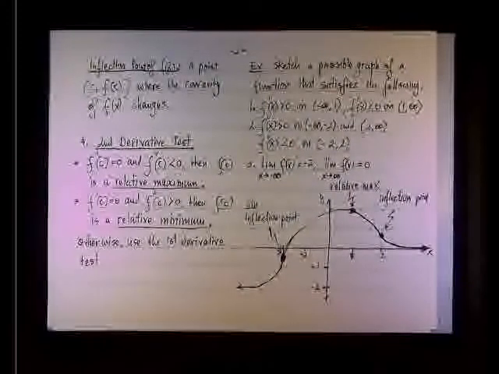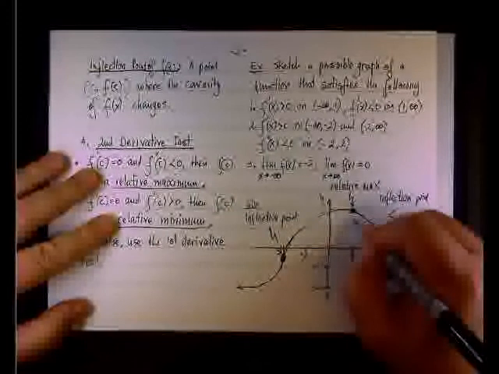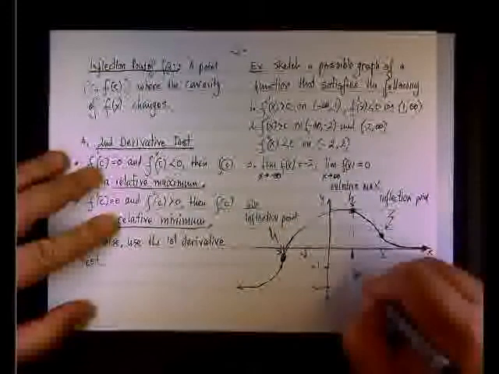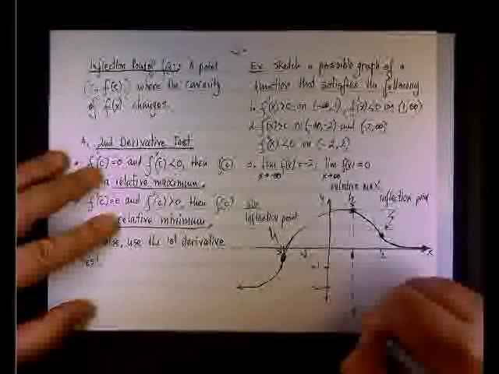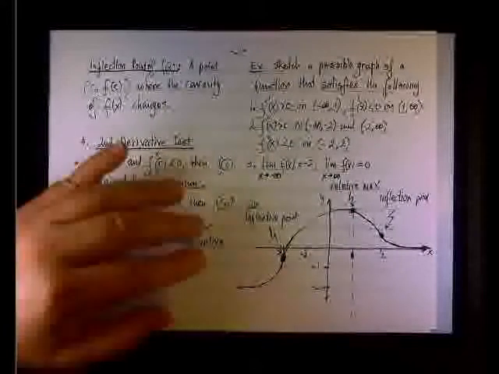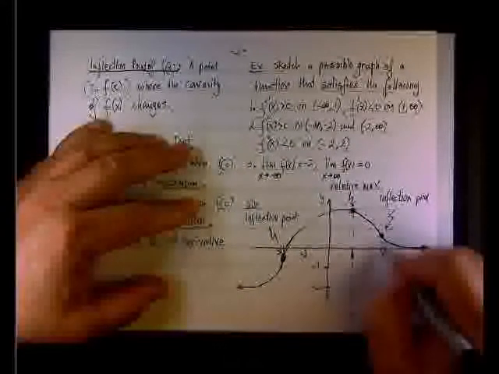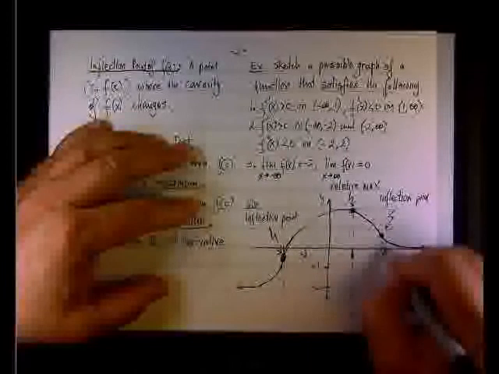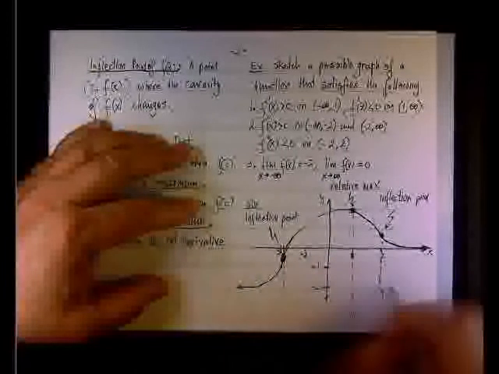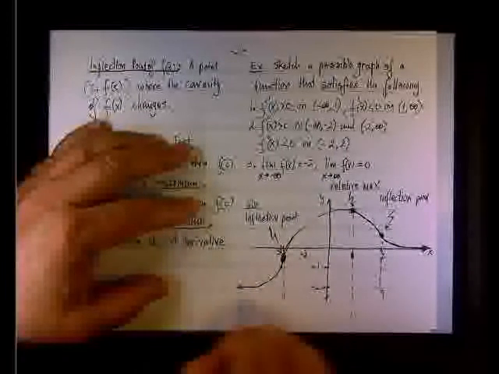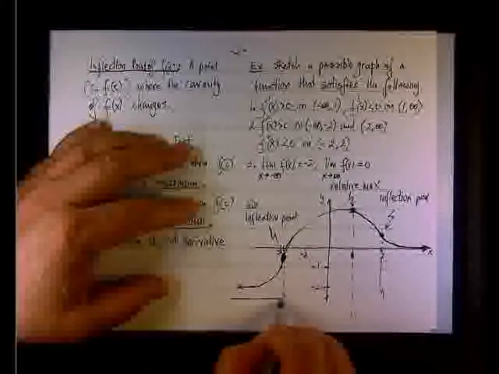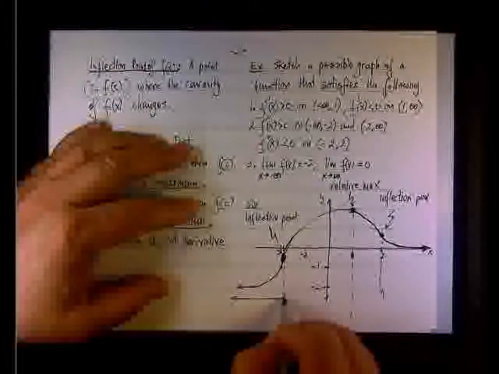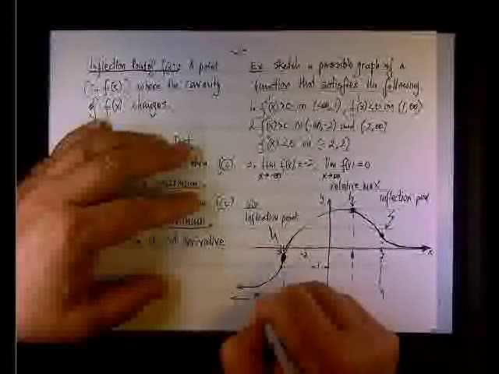So the last thing I want to do is draw the intervals over which the second derivative and the first derivative change. So the second derivative changes on the open interval negative infinity to negative 2.